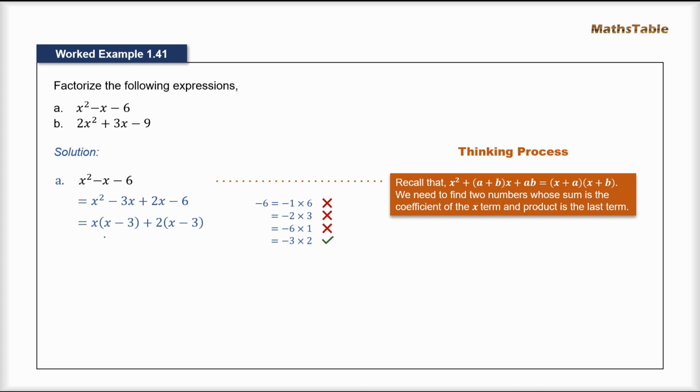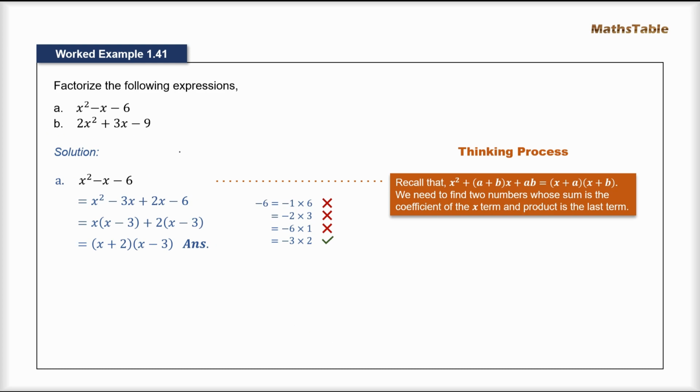And after that, we also discussed that when we obtain this form, this can also be written in a much simplified way as x plus 2 and x minus 3. So this was how we can factorize a quadratic expression which cannot be factorized using any of the algebraic identities.